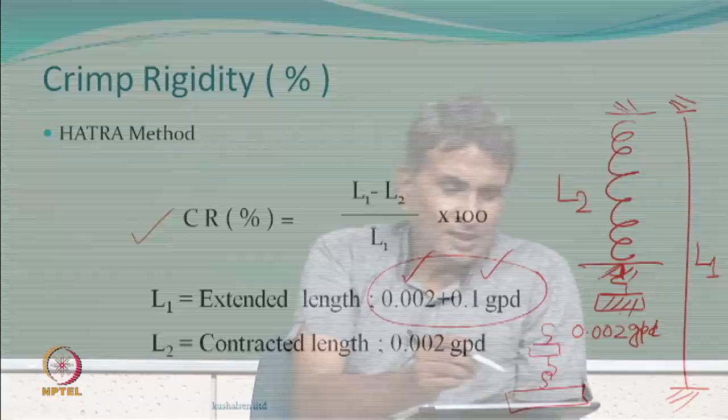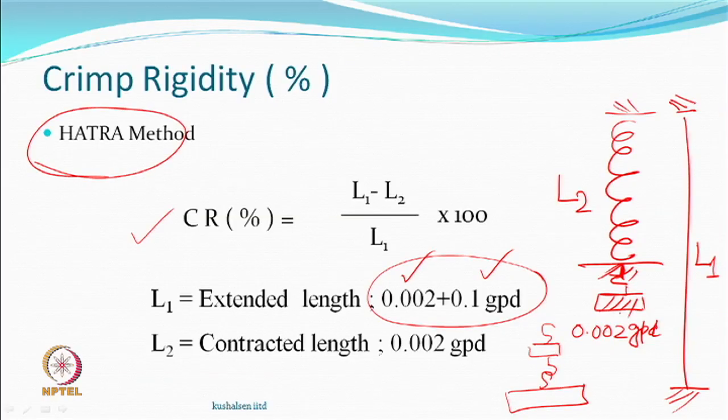Therefore, this term rigidity has stuck to us in the textured yarn, and this was called the Hetra method. Hetra is like Hosiery and Allied Textile Research Associations. So, this was in England. So, they generated this method, and this method is what is used.